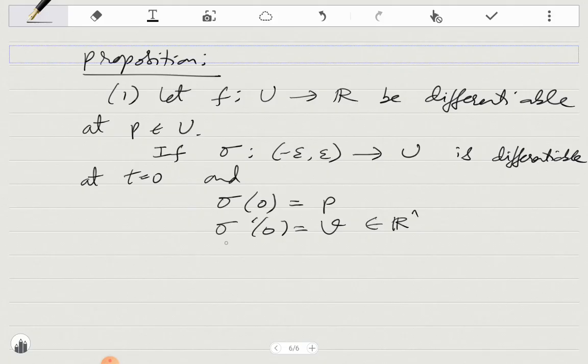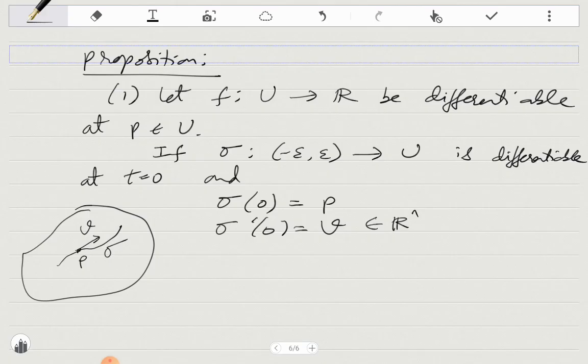And instead of thinking of sigma prime 0 as a linear transformation, it's more helpful to think of sigma prime 0 equal to v as a direction. So the picture is, this is P, sigma is some curve whose image is like this, and what we are saying is its velocity vector at t equals 0 is v.